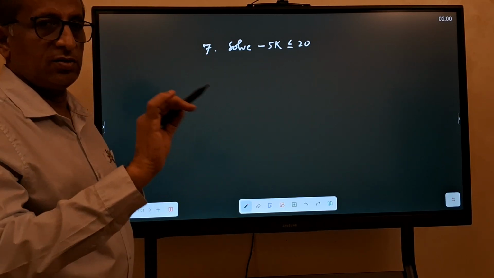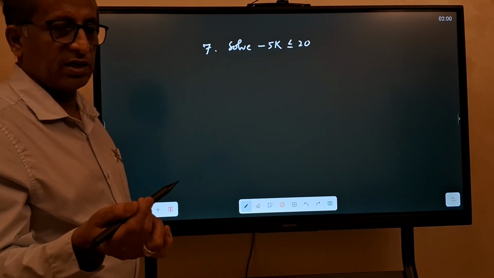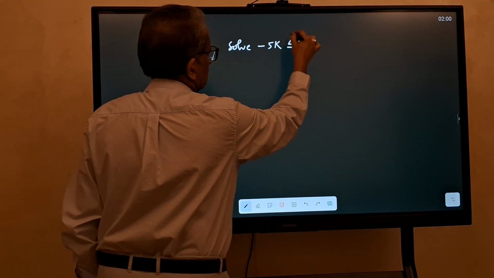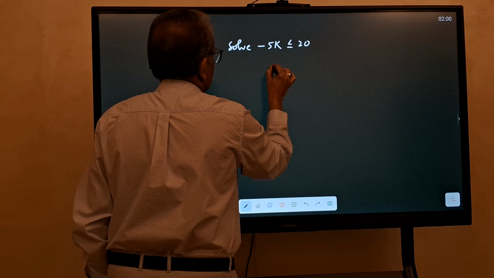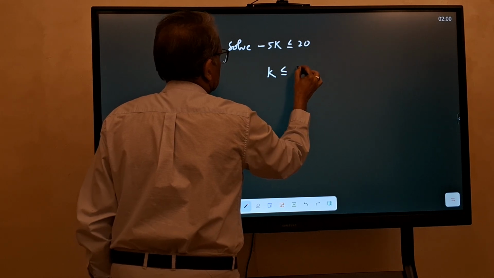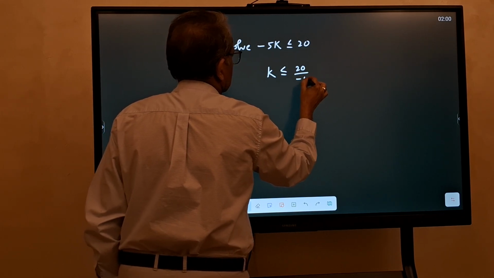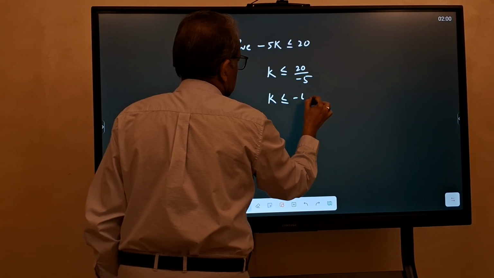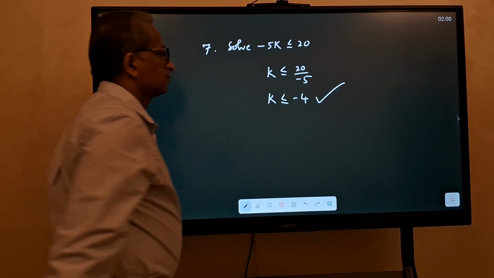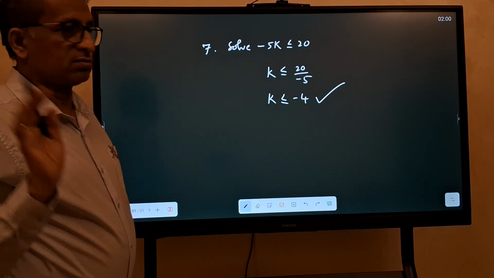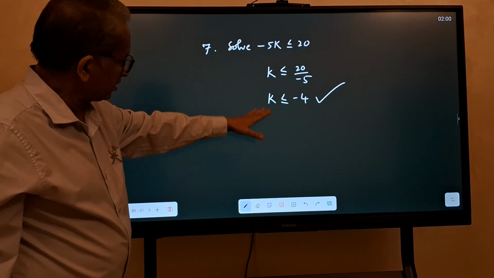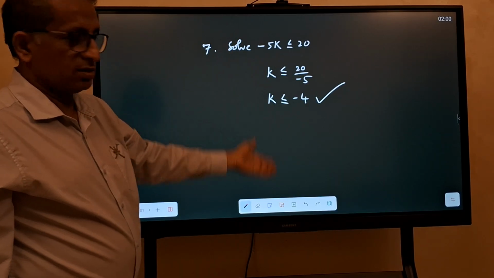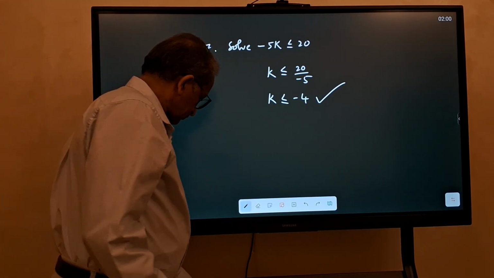We do the same way as in the earlier section. Do not change any inequality. So k is less than or equal to 20 by minus 5, k is less than or equal to minus 4. Answer. Nothing I have changed. The way we do usually with equality, the same thing we do here.